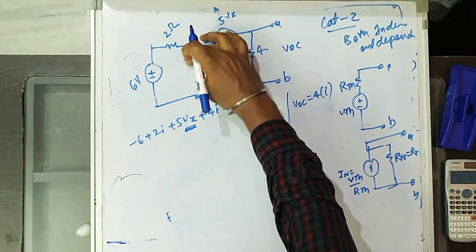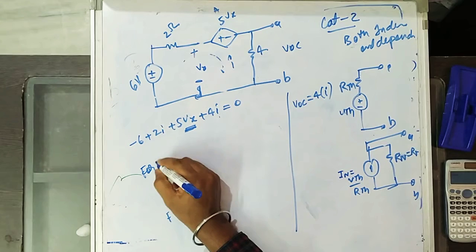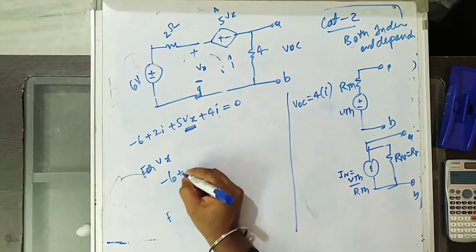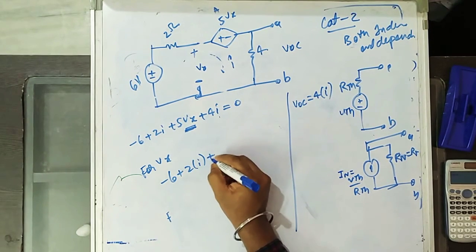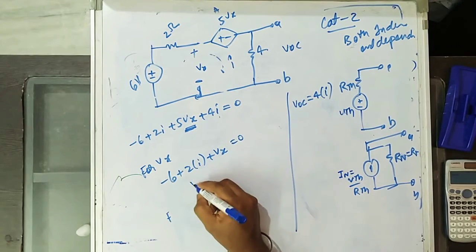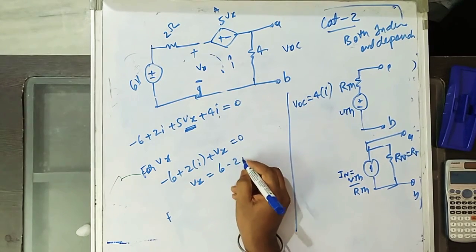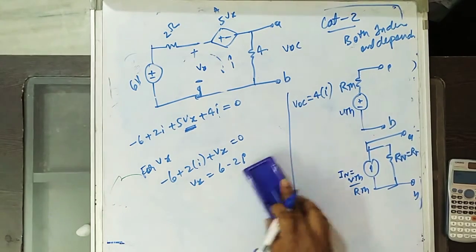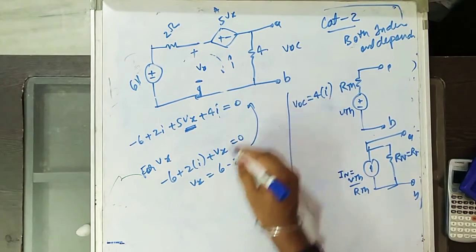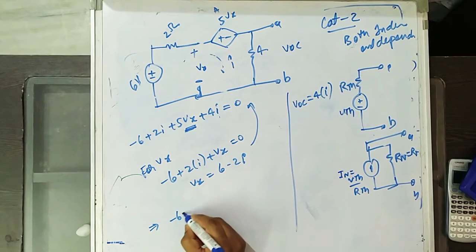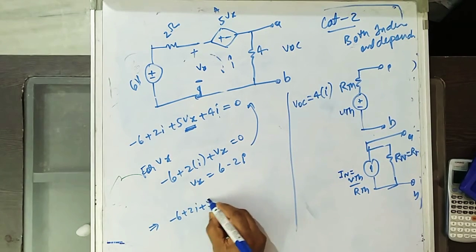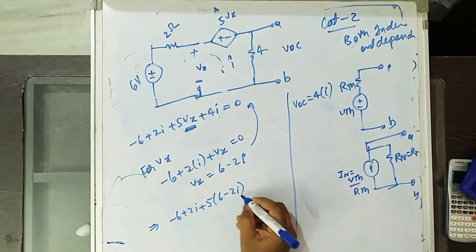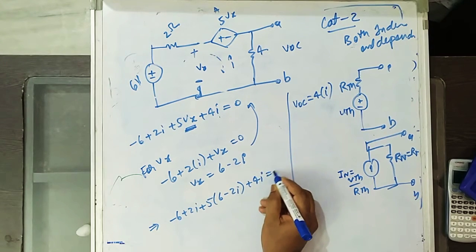So to find Vx, we have minus 6 plus 2I plus Vx equal to 0. So Vx equals 6 minus 2I. Substitute this Vx here. What do you get? Minus 6 plus 2I plus 5 into (6 minus 2I) plus 4I equal to 0.